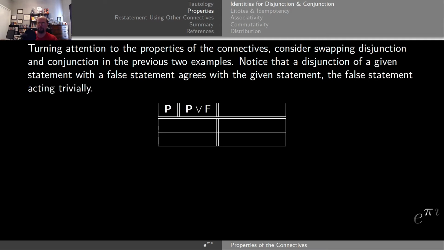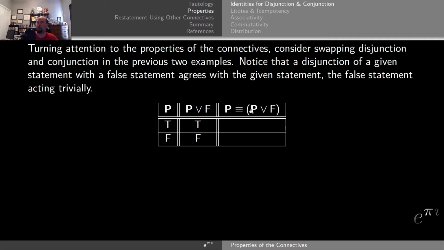Let's take a look at that. If I give you a proposition P, and I disjunction P with something that I know is false, well, if P is true, then true disjunction with false gives me true. On the other hand, if P happens to be false, false disjunction with false gives me false. Notice that these two columns are identical, so that means I should start looking at the equivalence.